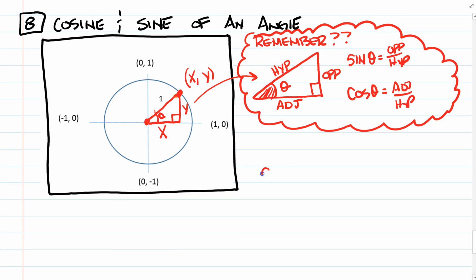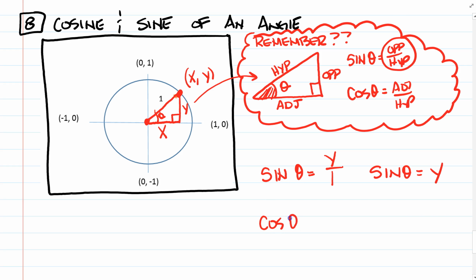So check it out. The sine of my angle theta, according to geometry, is the opposite over hypotenuse. Well, in this case, the opposite side is the value of y, and the hypotenuse is the value of 1. So every sine theta is just worth the y value. Okay, cosine theta is the same thing. The cosine of theta, according to geometry, was the adjacent over the hypotenuse.